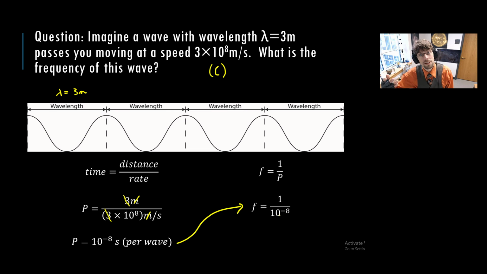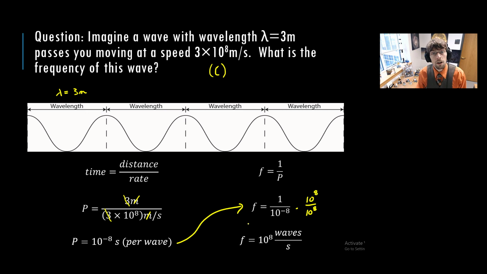I change the sign and I change its location, right? Of course, if you want to see that, you could say, well, multiply both top and bottom by 10 to the 8th. The mathematician's fancy trick of multiplying by 1. Okay. And so what I get is that for this light, I will get 100 million boxcars passing me every second. If I stood here and just counted, I'd get 100 million of them.